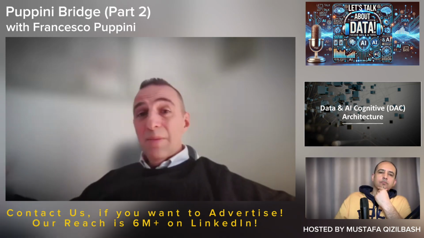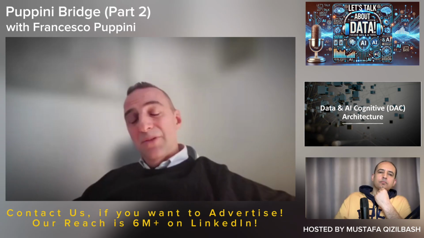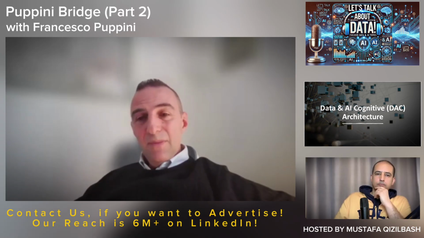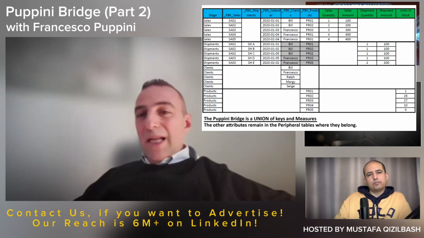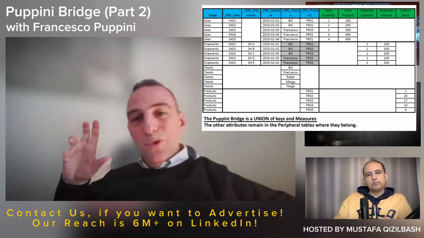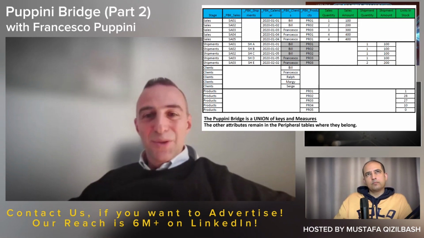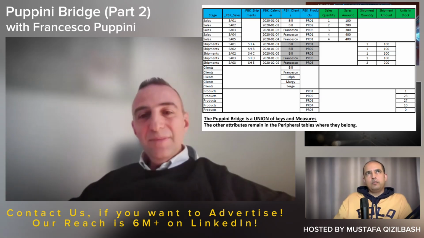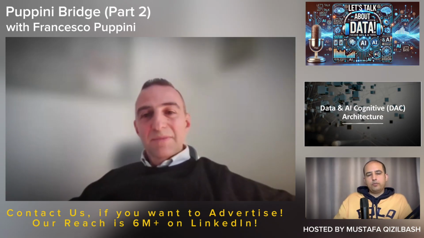The same example as before, you have 100 rows of sales and 150 rows of shipments. Now take only the keys and the numeric columns that you will need to use as measures later. Keys and numeric columns. Okay, I'm with you.